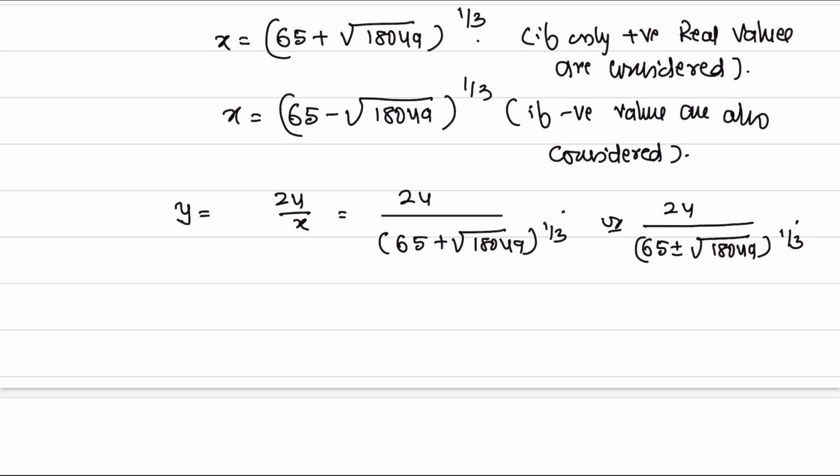Now, what we have to find out is y by x. Y by x is equal to 24 by x into 1 by x, that is equal to 24 by x square.